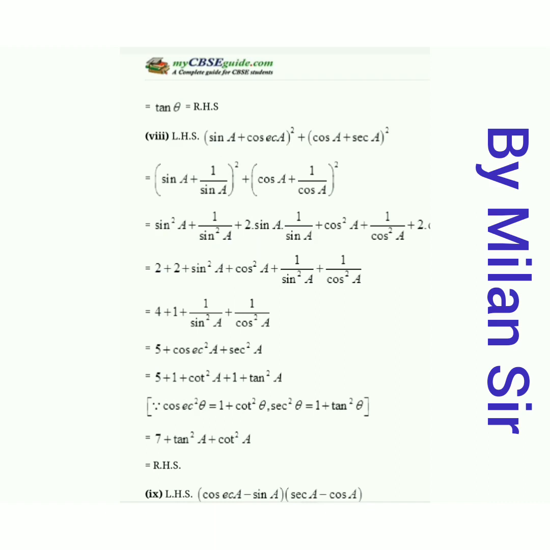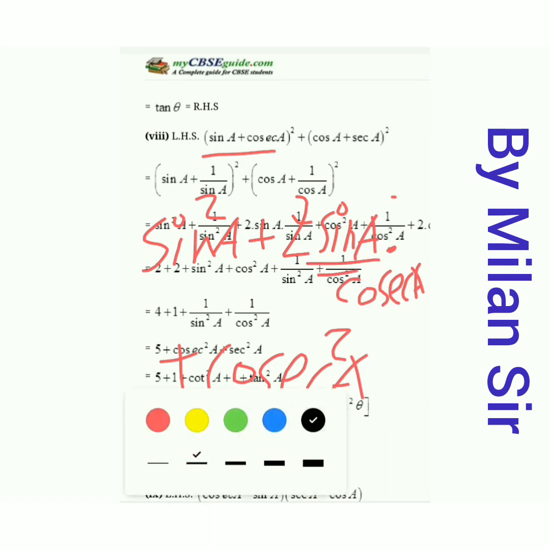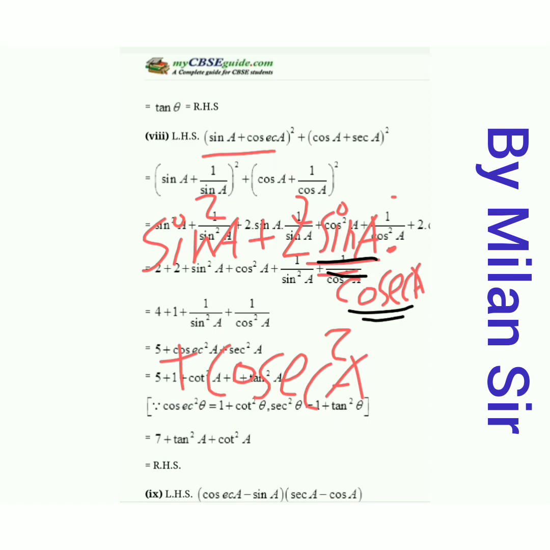First of all, I solve the first term. First term square, it's sin square A, plus 2 into first into second, so 2 into sin A into cosec A, plus second term square, the second term is cosec, so cosec square A. Now we know that sin A into cosec A in the second term is equal to 1, because sin is the inverse of cosec and cosec is the inverse of sin.